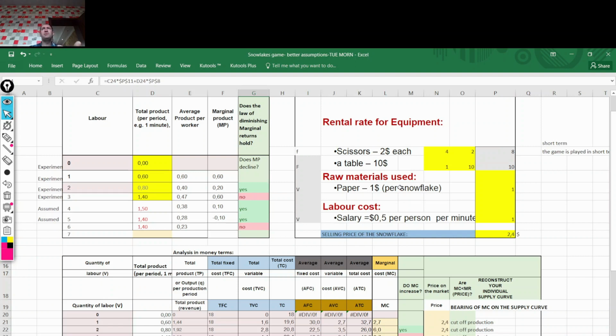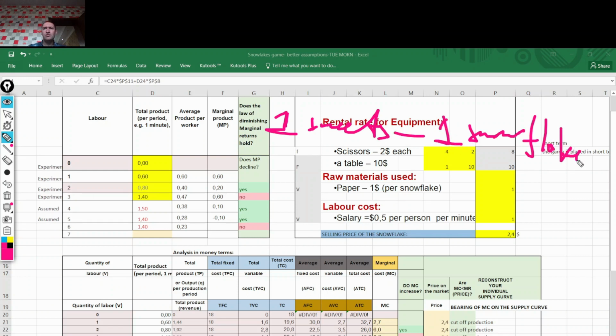The more snowflakes you make, the more will be the expenditure of A4 paper on the production process. You'll have to spend more paper according to the ratio of one sheet for one snowflake. So the more snowflakes you make, the more sheets of A4 paper will you expend.